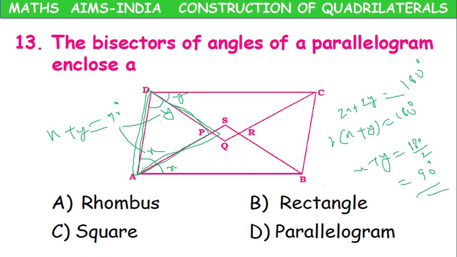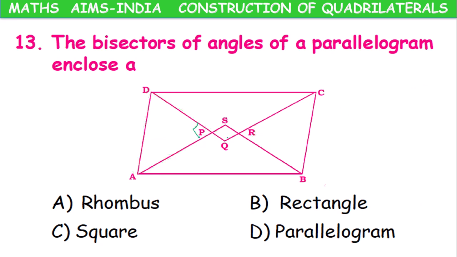If these two are equal to 90 degrees, then this will be a right angle, equal to 90 degrees. In the same way, this angle also will be 90 degrees. So we get this angle 90 and this angle 90. At the same point, if this angle is 90, vertically opposite, this angle will be 90.